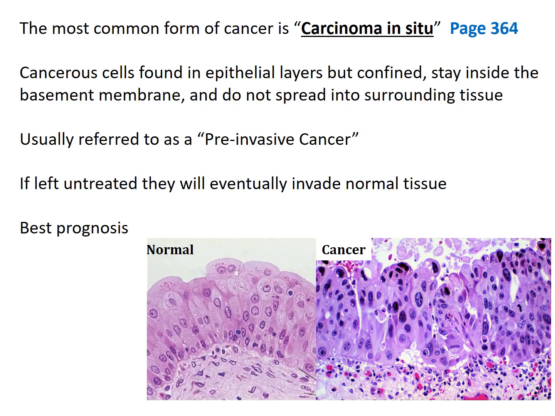Take a look at the pictures here. There's normal bladder epithelium. Look how those cells have nice polarity, have nice architecture. A pathologist would look at that and say, yeah, all those epithelial cells are in the epithelial layer. They're not busted through the epithelial membrane.